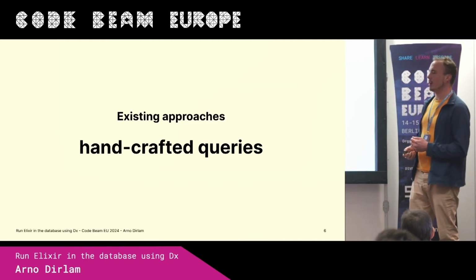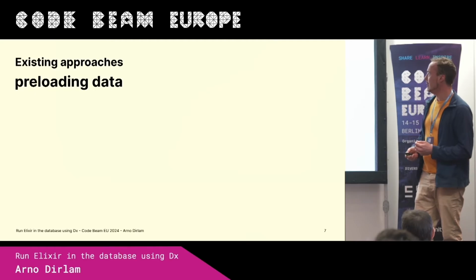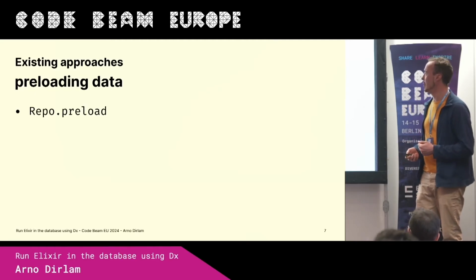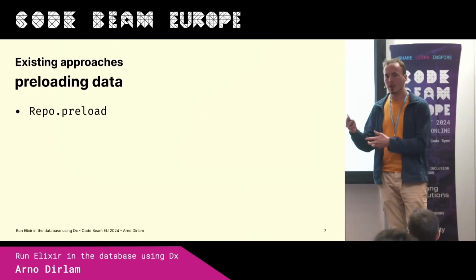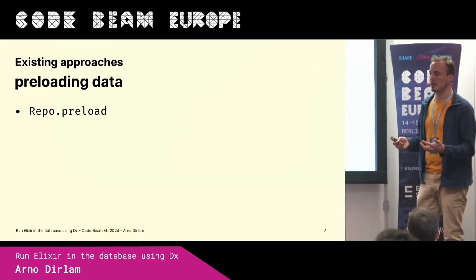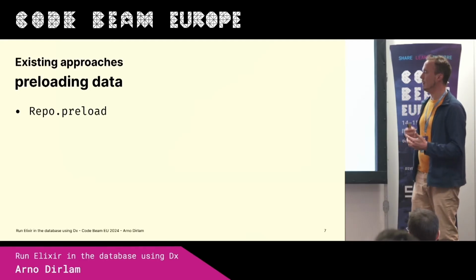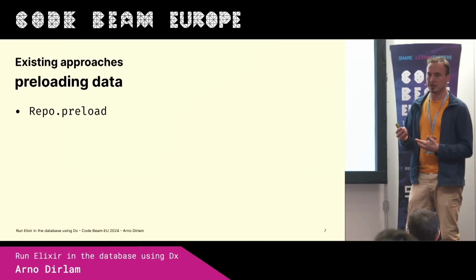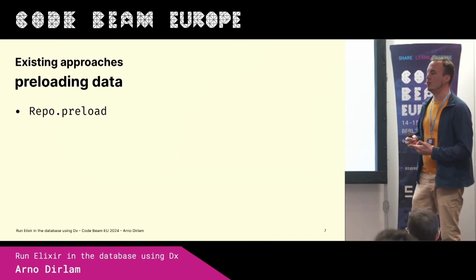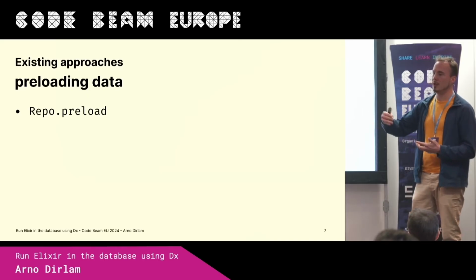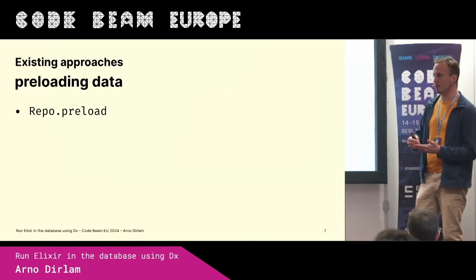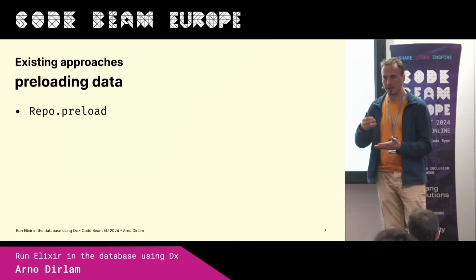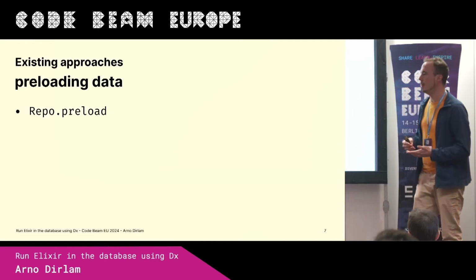Another thing that Ecto provides is preloading data. So one thing is the repo.preload, or you can also add preload to queries. Preloading means when you have defined associations in your Ecto schema, you can tell Ecto to load them automatically and nest them within your structs, within the maybe data you've already loaded or that gets loaded as part of the query.